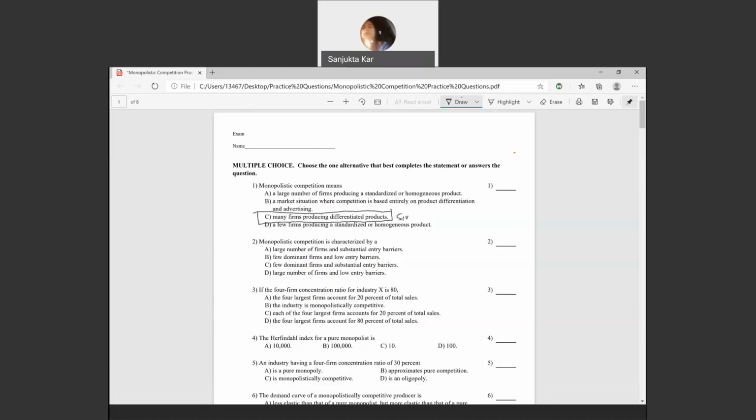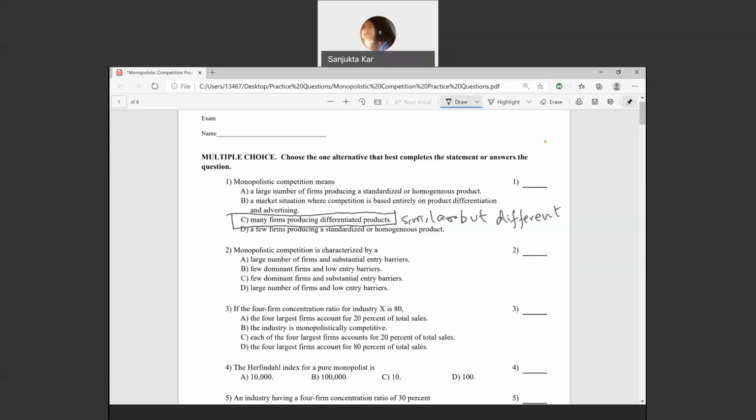So the products are similar, but this is going to be different. Number 2, monopolistic competition is characterized by a large number of firms and low entry barriers.